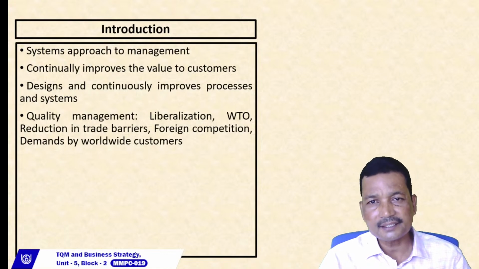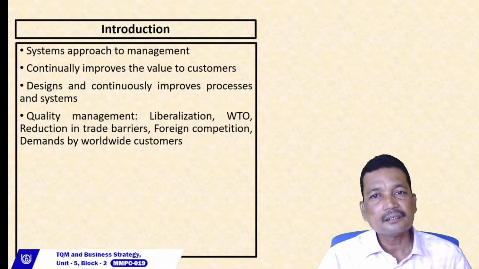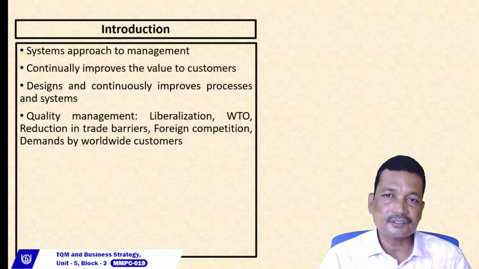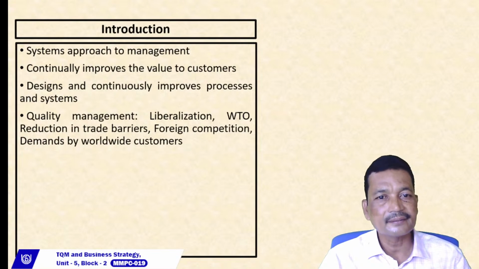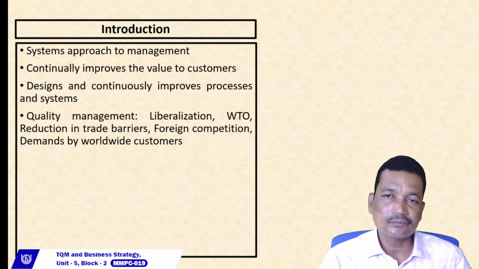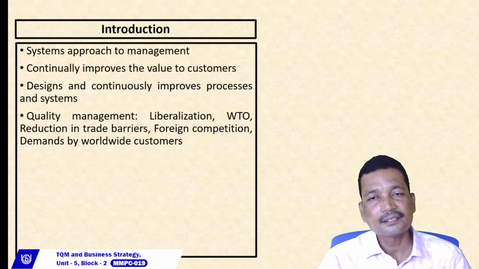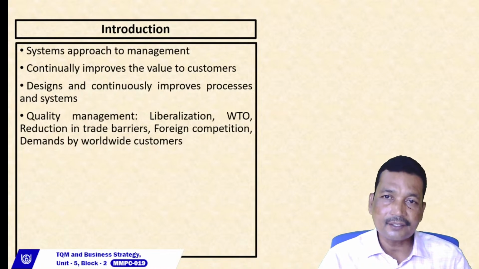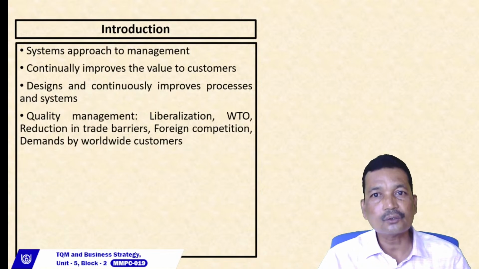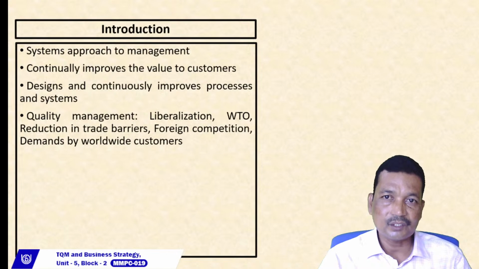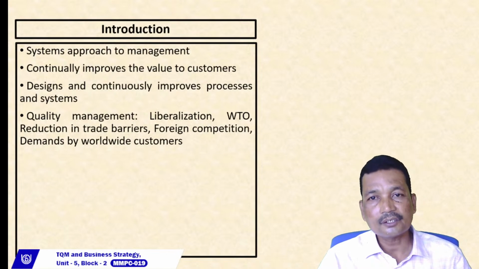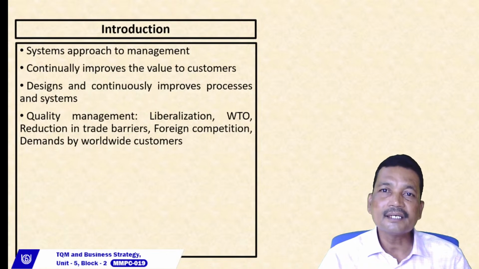When we are talking of liberalization, that means the clamps, the controls, the regimes of the government were broken down. They were minimized. The companies or organizations were allowed to act in an environment where they have to compete or fight it out with other competitors, not with the clamping down system, where other players were not visible in large numbers.